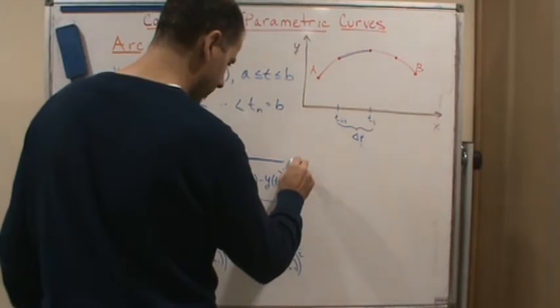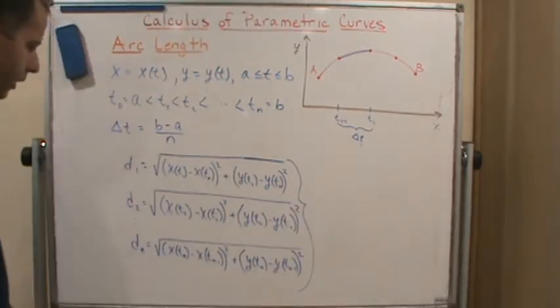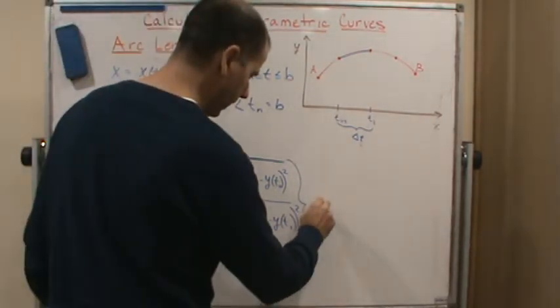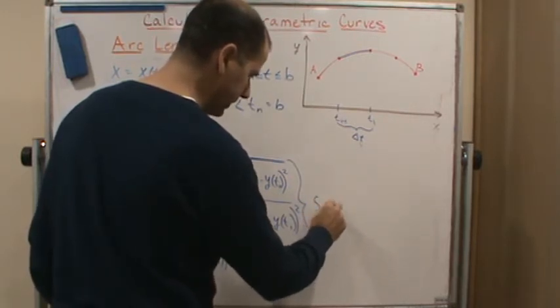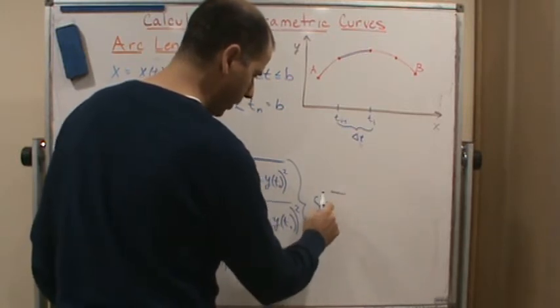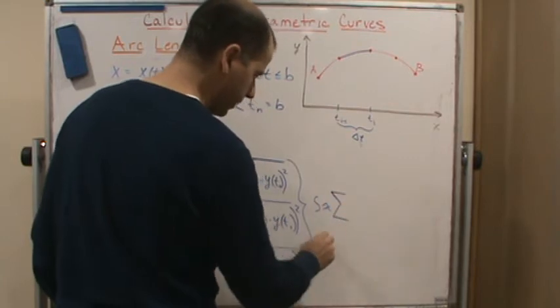Okay, so we take all of these and we add them up. What do we get? We get an approximation for S. S equals approximately the summation.